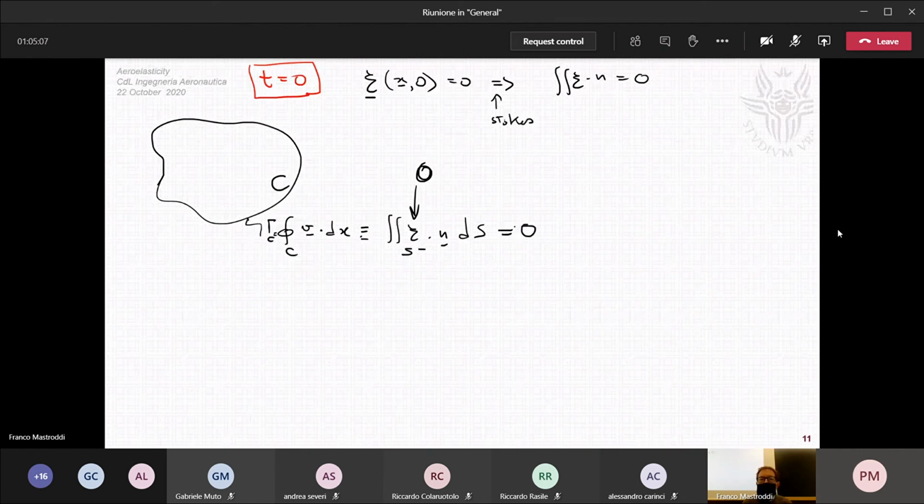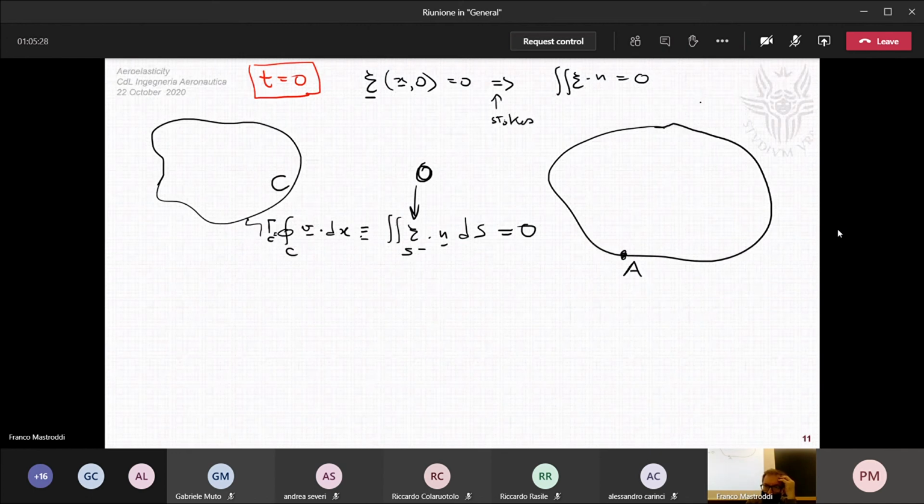If the circulation is 0, and it's always 0 because you can choose another circuit, and if you fix this point here as A point, and this other point here as B point, you have that 0 is equal to the circulation, v dot dx, and this is equal to the line integral on this region.